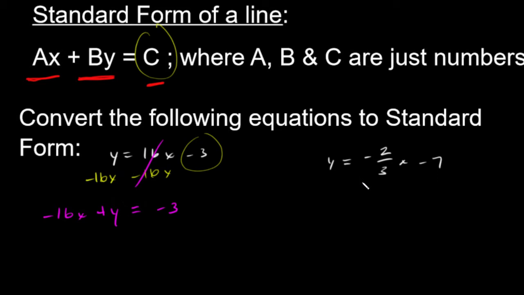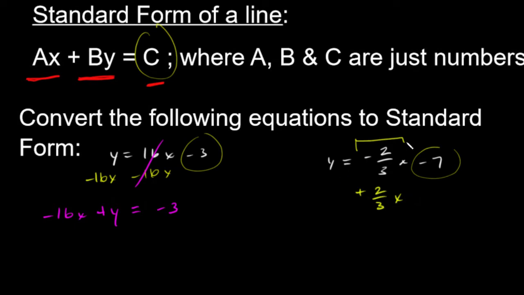So here, on this next problem, it's the same thing. You need to get this negative 7 to be by itself on the equal sign, right? The c is by itself up here, so negative 7 needs to be by itself over here. So you need to take this and move it to the other side. And to do that, since this is a negative 2/3 x, you want to add 2/3 x.